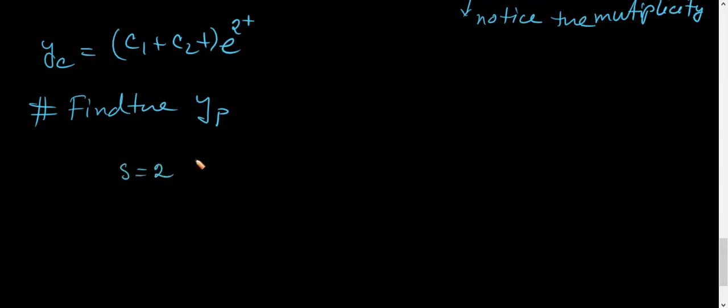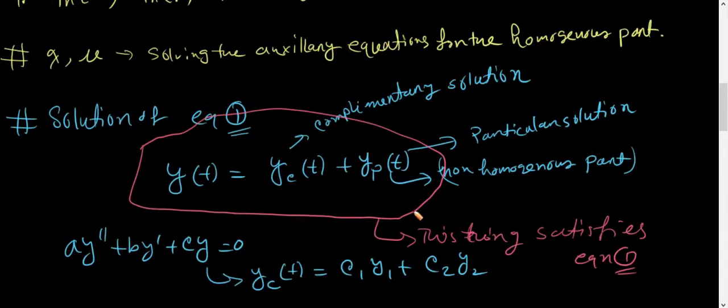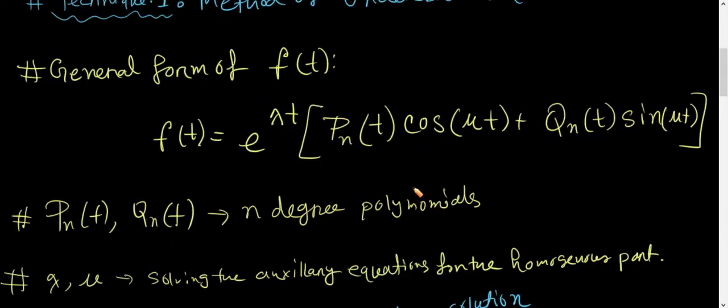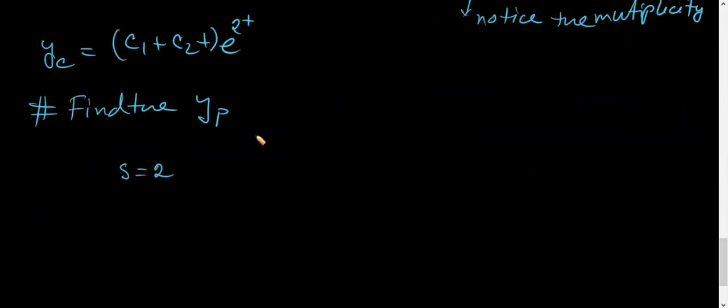Alright, and if you see from this line over here, this function can take this kind of form, and our roots came in the form you saw in the previous lectures.